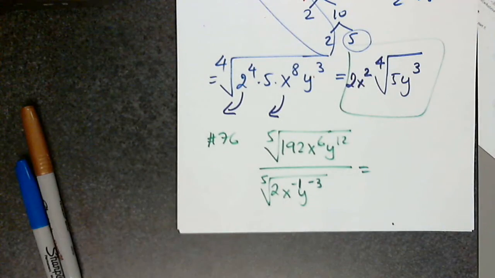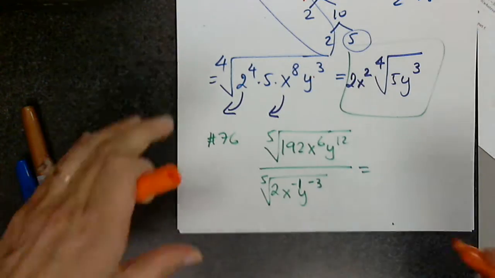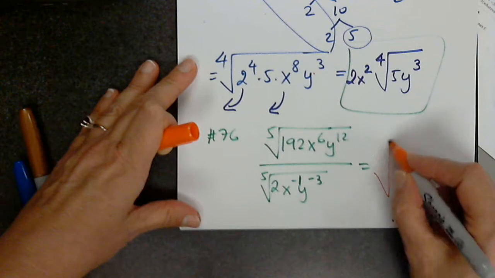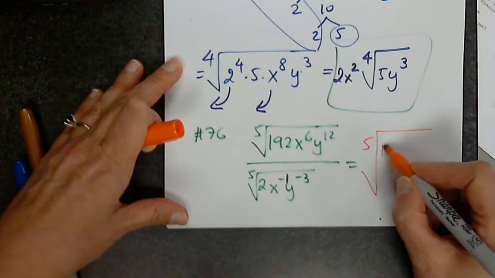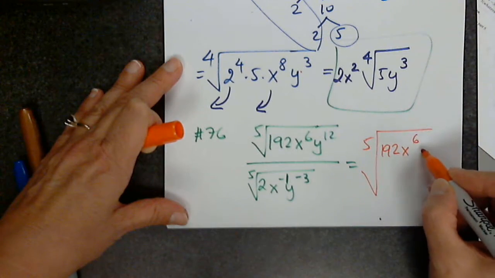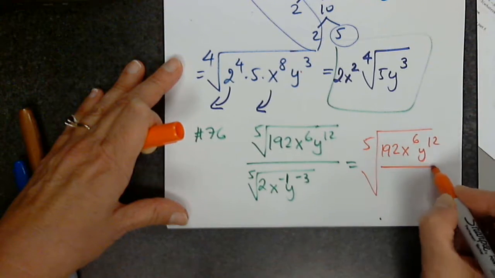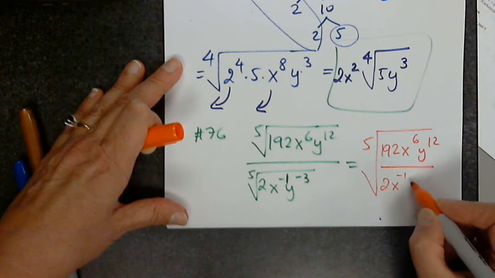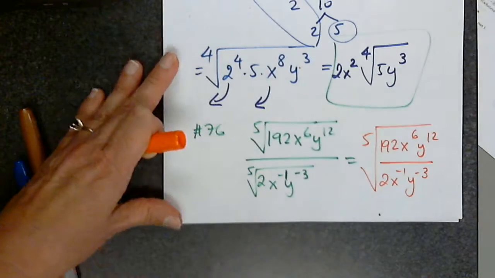Is there a point of rewriting this with the same index? Because I see common factors. Otherwise, I wouldn't bother, because I'm now going to be able to simplify. But since the indices are the same, I will write the fifth root, 192, x to the sixth, y to the 12th, over 2, x to negative 1, y to negative 3.